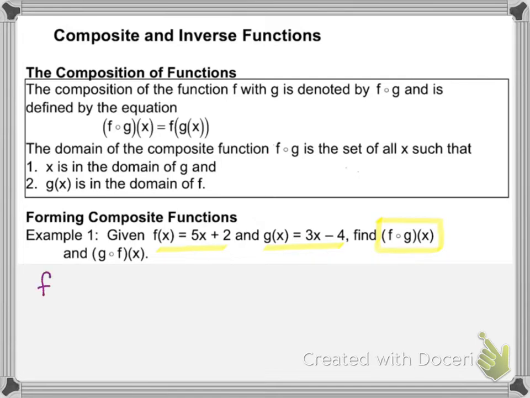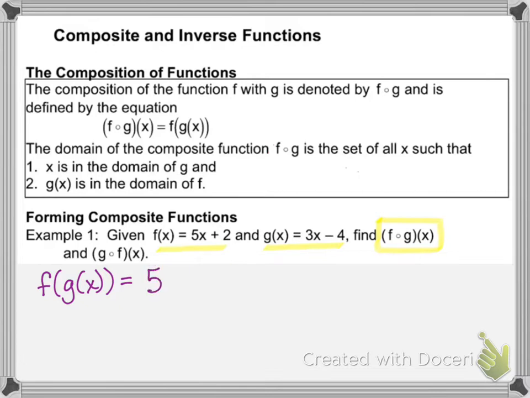So it's f of g of x, which means that I am going to look at my f function and I am going to replace every x with the g of x function, because what's inside is what I'm substituting with, okay? So I'm going to look at my f function, which begins with 5.